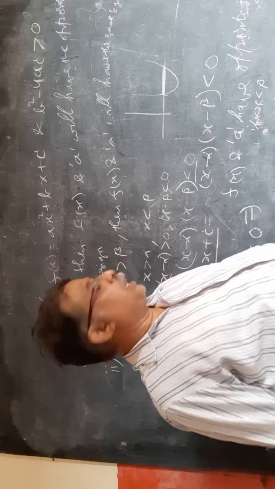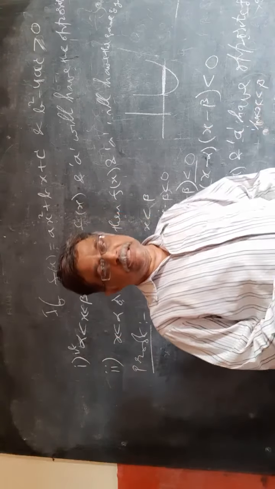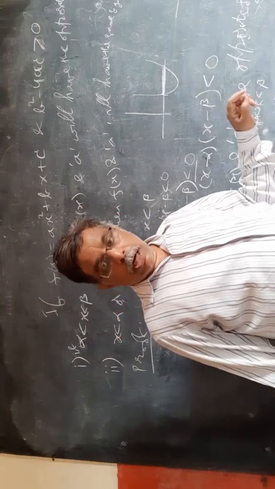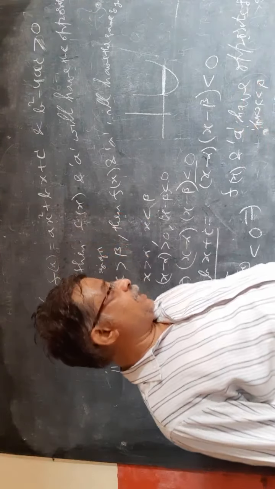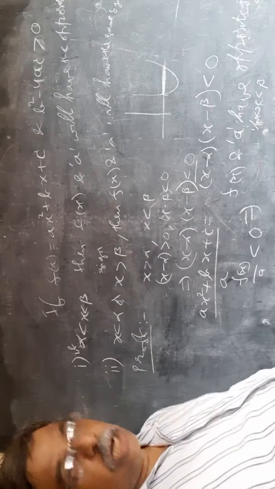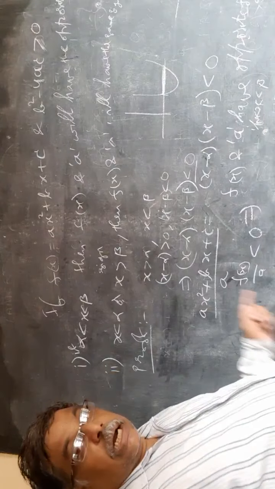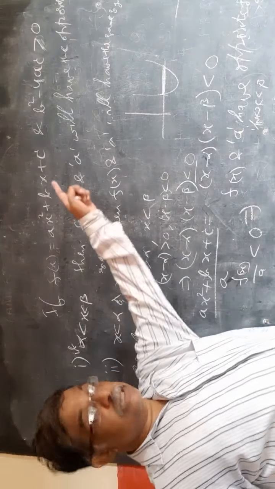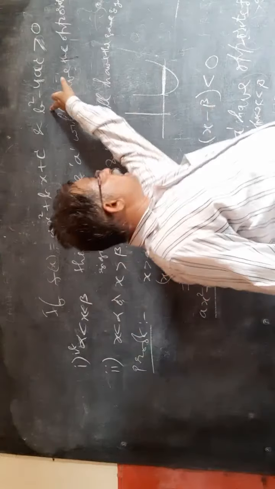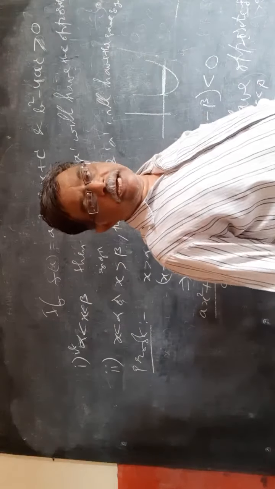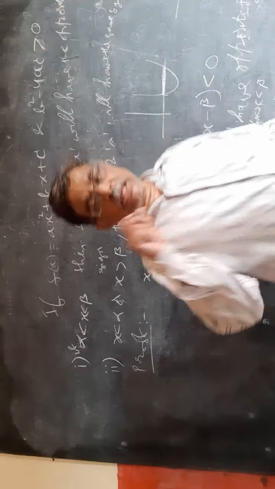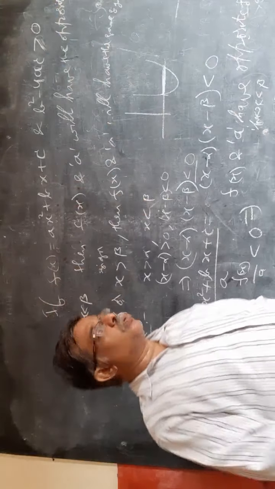So f of x and a will have opposite sign if and only if x lies between alpha, beta. If x does not lie between alpha, beta, this is possible only when b square minus 4ac is more than 0, because b square minus 4ac more than 0 means it contains two real roots alpha, beta.